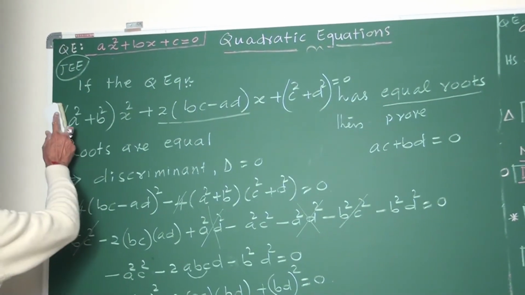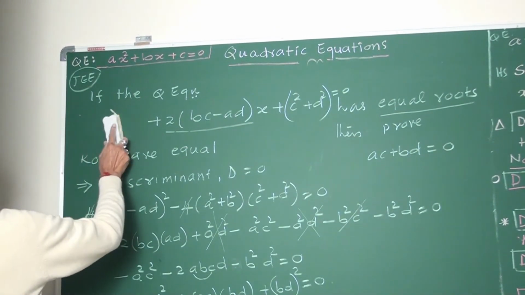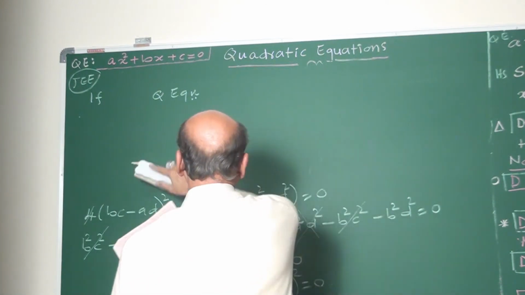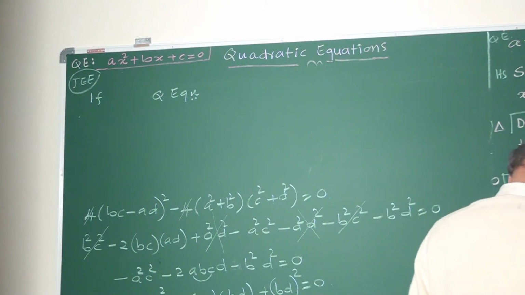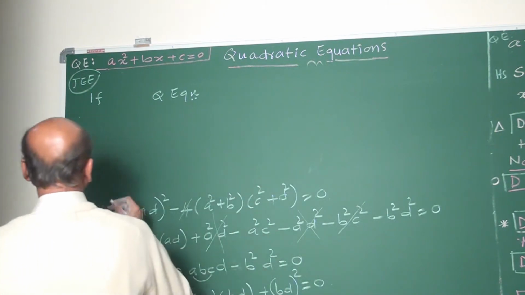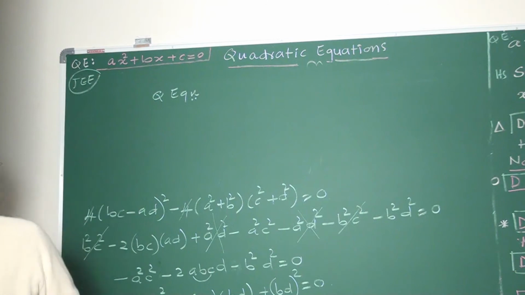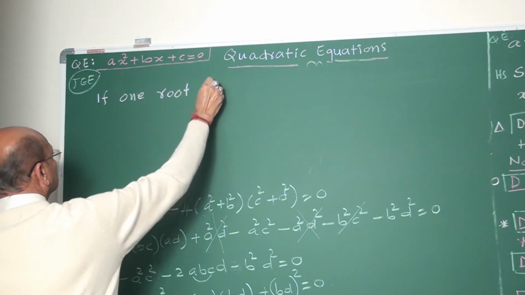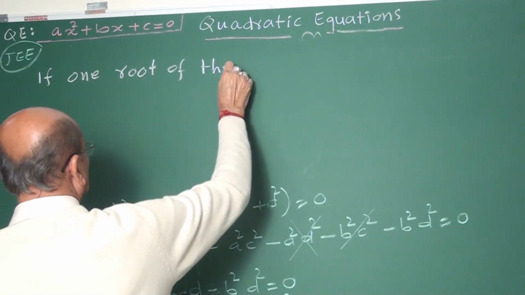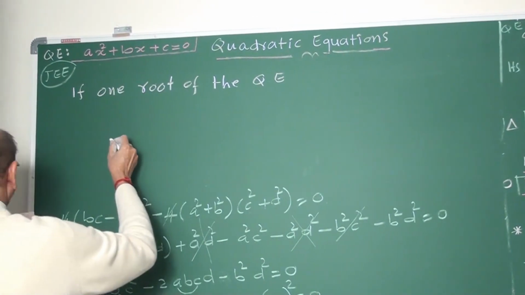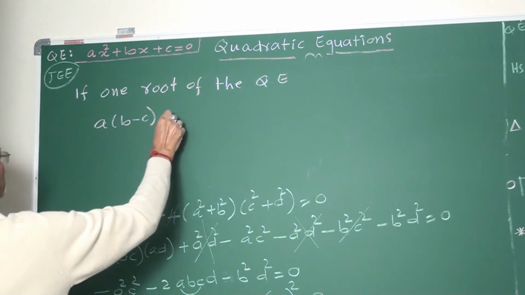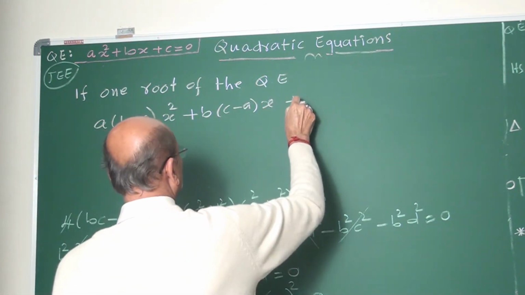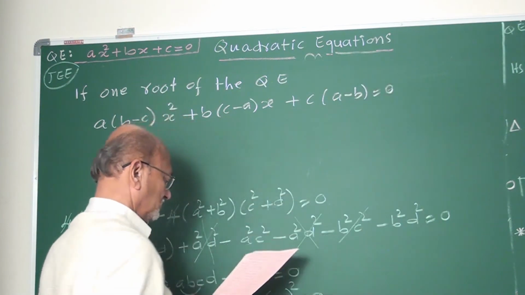If one root of the equation, means quadratic equation, a into b minus c into x squared plus b into c minus a into x plus c into a minus b equal to 0 is 1.